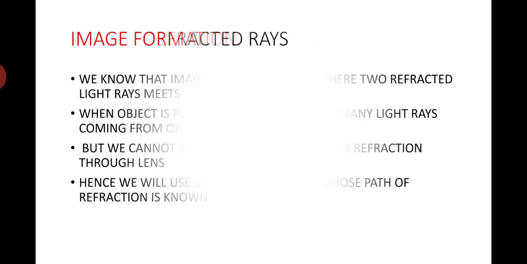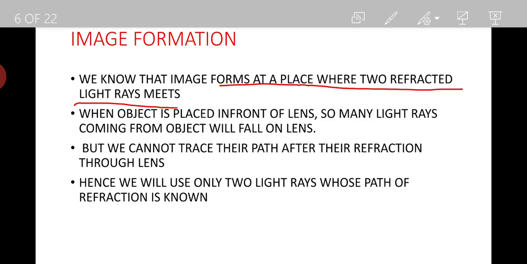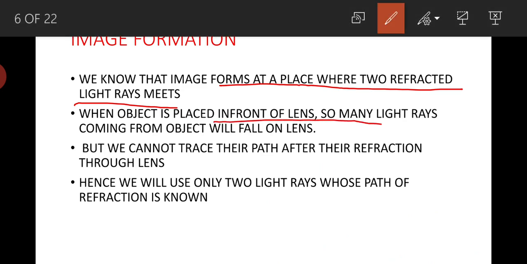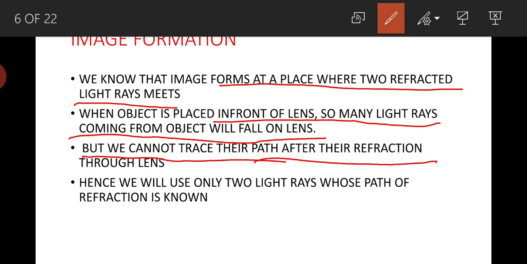So when an object is placed in front of a lens, so many light rays coming from the object will fall on the lens, but we cannot trace the path of all these light rays after their refraction through the lens. That is why we will use only two light rays whose path of refraction is known.